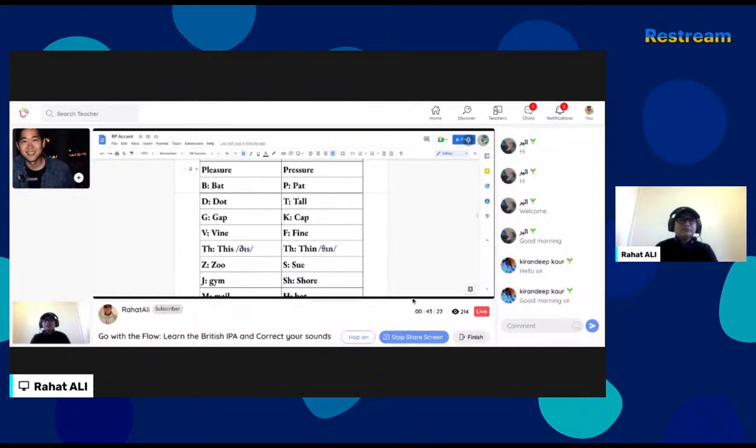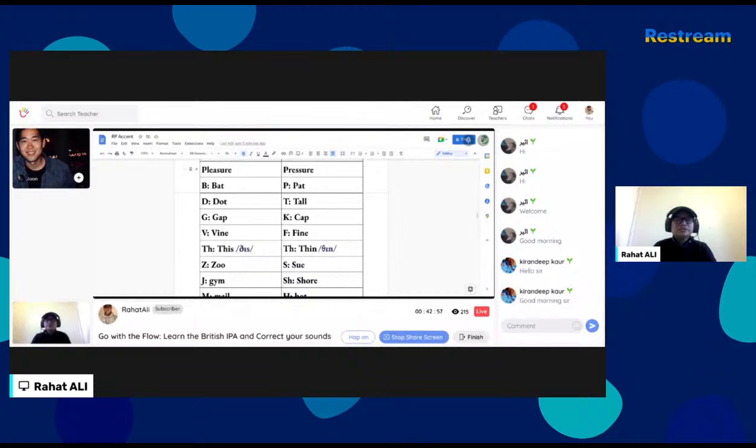Then again, voiced th, this, okay, unvoiced, thin. The difference between voiced th and unvoiced th is that when it is unvoiced or voiceless, our tongue touches the tooth, and you can see the symbol as well.